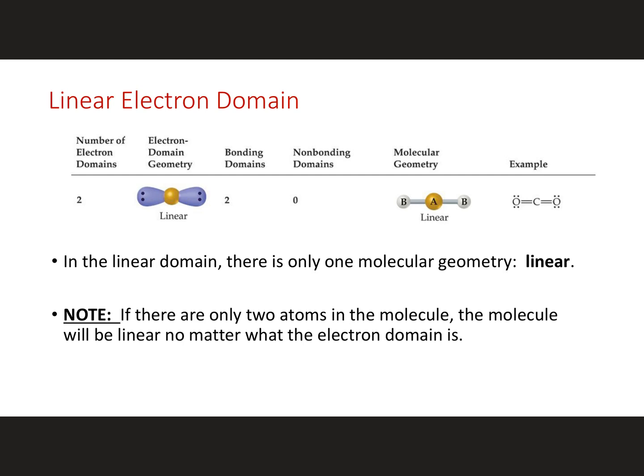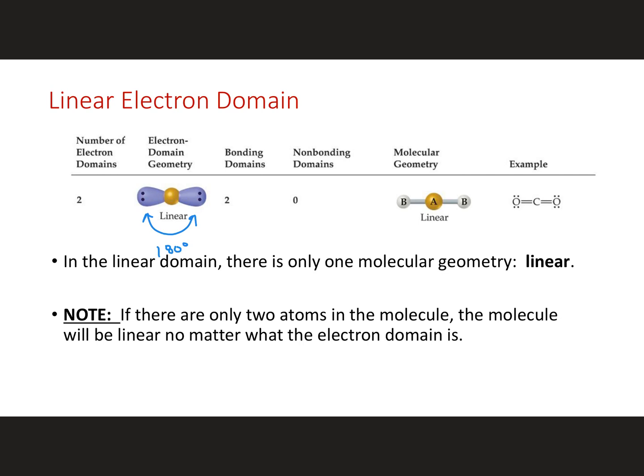So for the easiest electron domain geometry, right, the linear. If I have 2 electron domains, with those 2 domains and only 2 domains, the best arrangement in space is a linear arrangement. That puts both of those domains 180 degrees apart. So if we see something that's linear, it's going to have bond angles of 180 degrees.